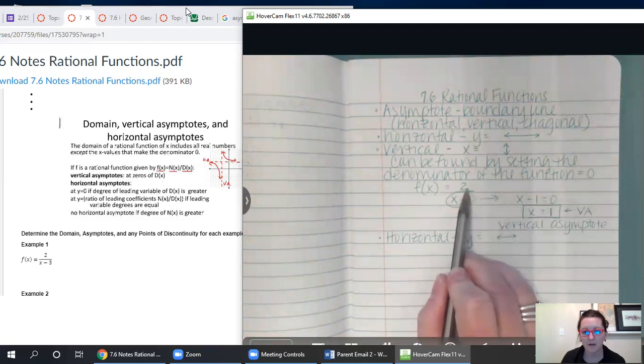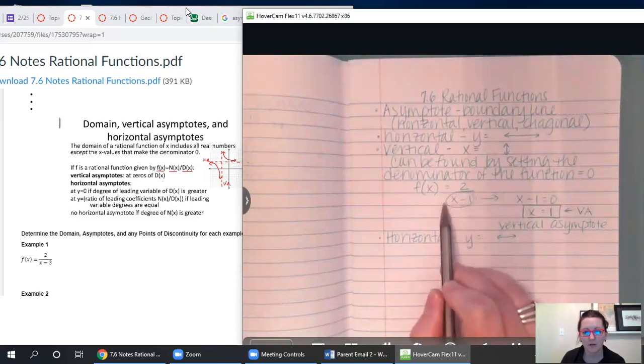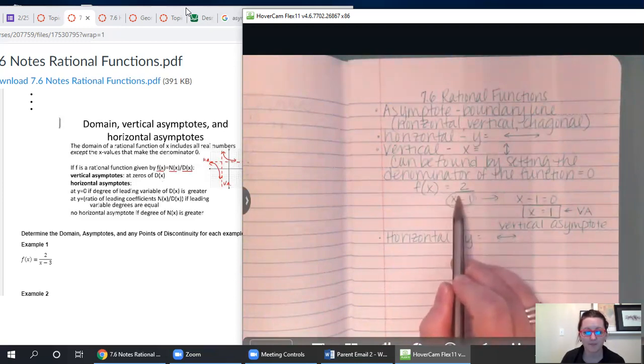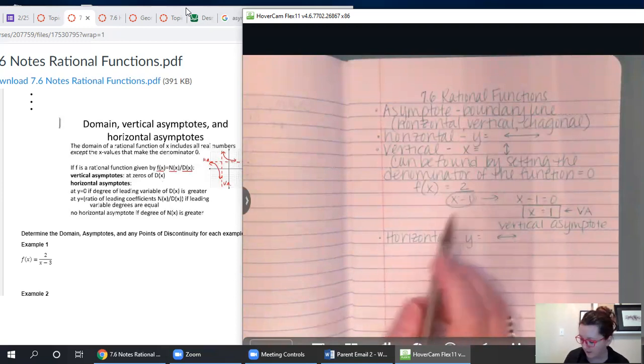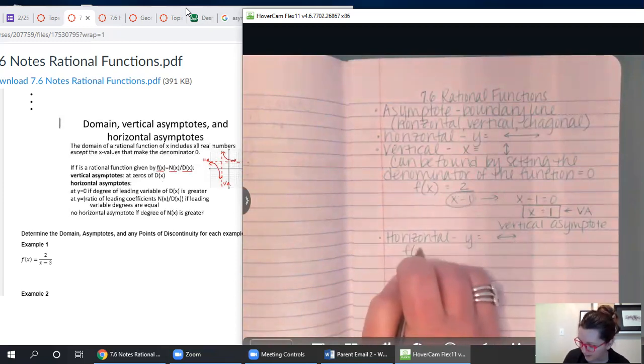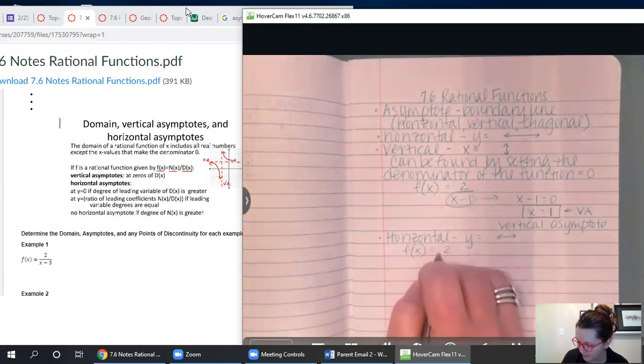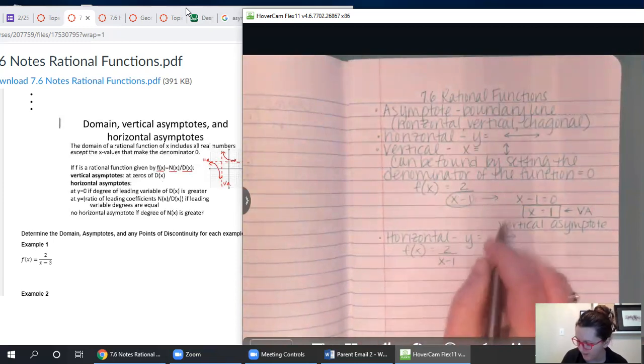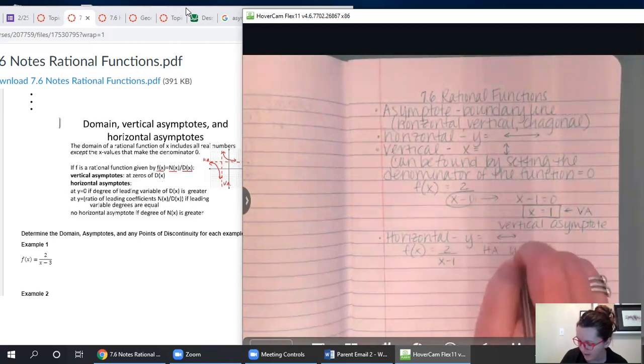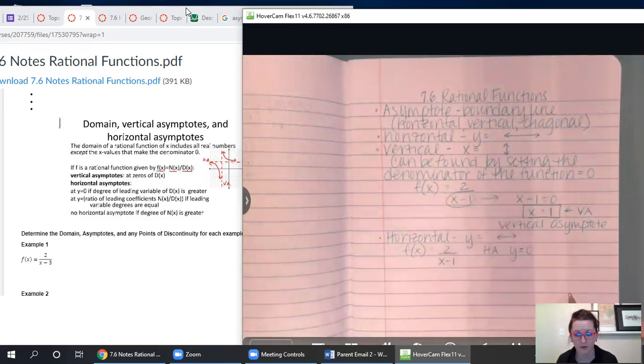The degree of my numerator here is 0, because it's just 2. The degree of the denominator is 1. In this case, the degree of the denominator is greater. Therefore, in this example, f of x equals 2 divided by x minus 1, the horizontal asymptote is y equals 0, so it's through the origin, okay?